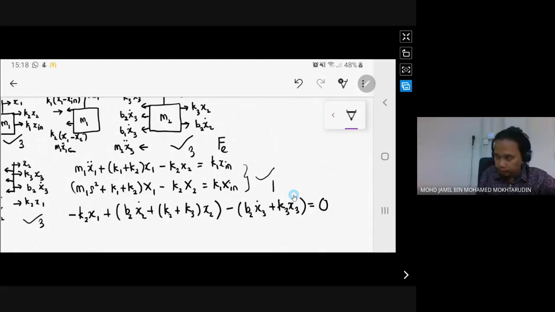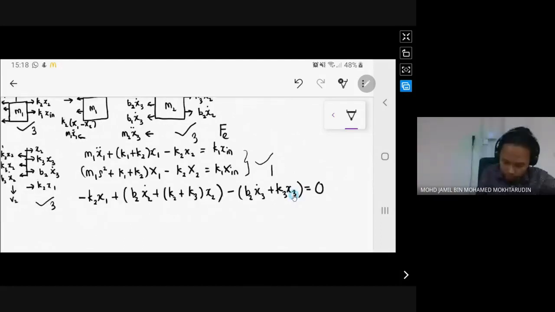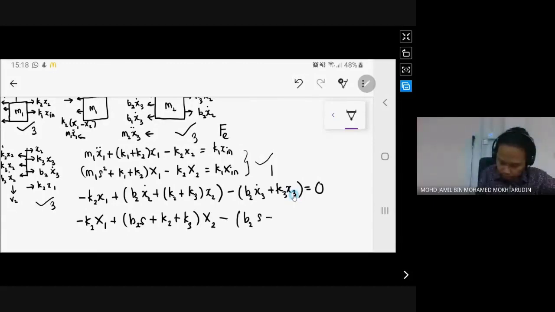Then you can write this in terms of frequency. So you get minus K2 X1 plus B2S plus K2 plus K3 X2 minus B2S plus K3 X3. So one more mark here.